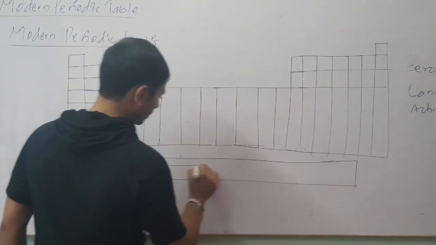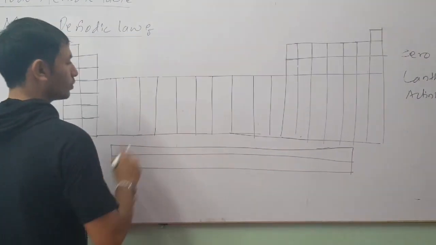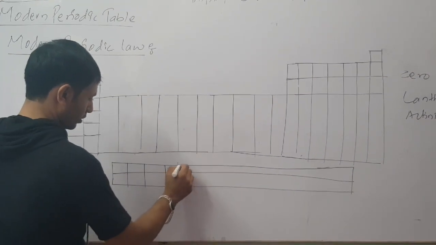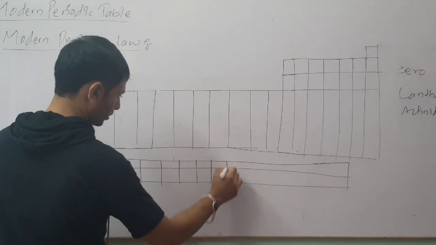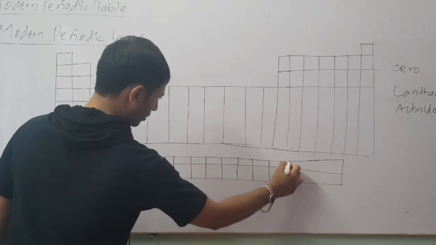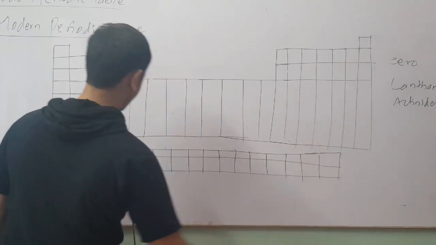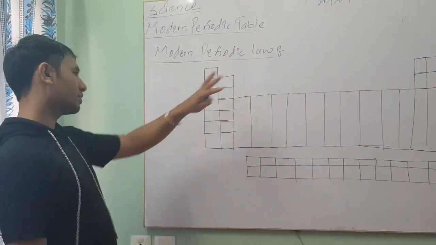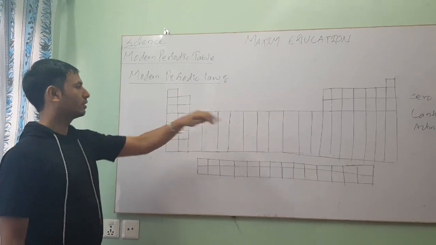So this is the modern periodic table. 1, 2, 3, 4, 5, 6, 7, 8, 9, 10, 11, 12, 13 and 14. So the elements are arranged in this type of manner.